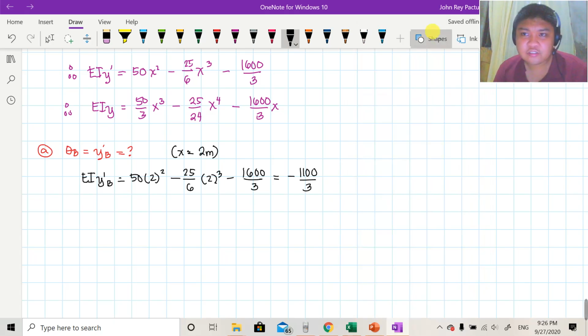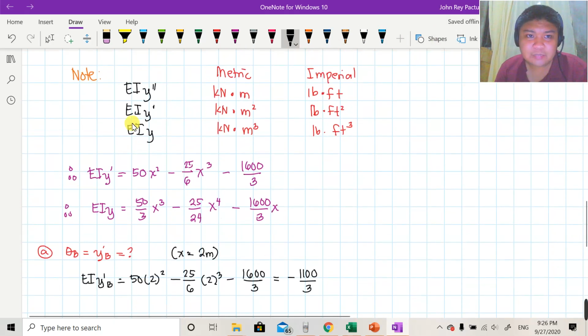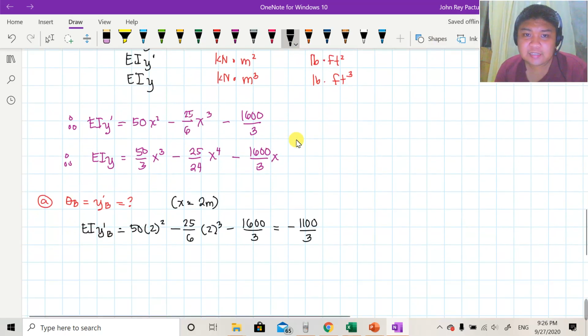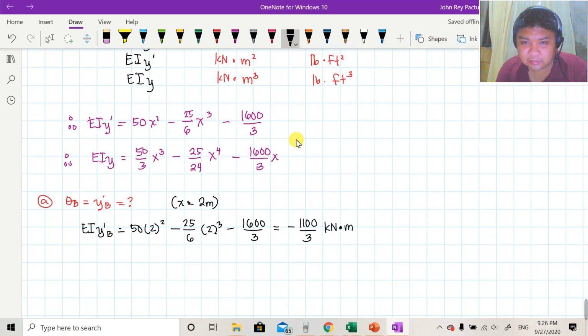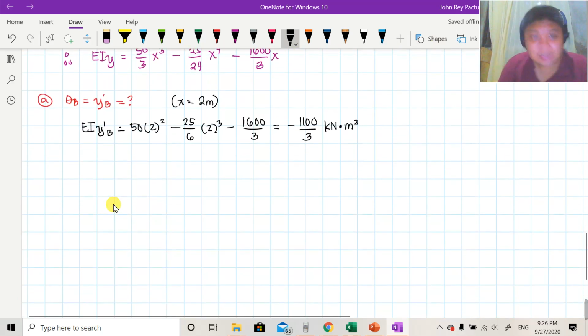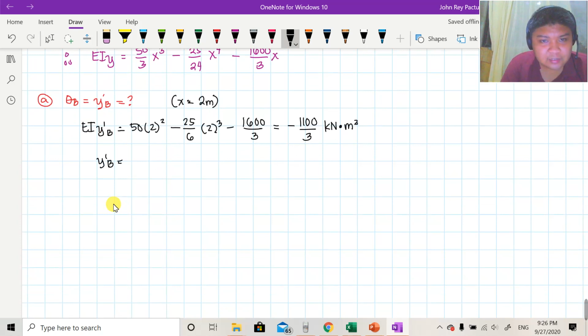But I told you so na kapag EIY prime, dapat nga ang unit niya ay kilonewton meter squared. So, kailangan ko yon ilagay dito. Okay? Pero, yun ay EIY prime pa lang class. Ang kailangan lang talaga natin is yung slope which is y prime b. Eh, ang gagawin mo is simply yung negative 1,100 over 3 kilonewton meter squared.